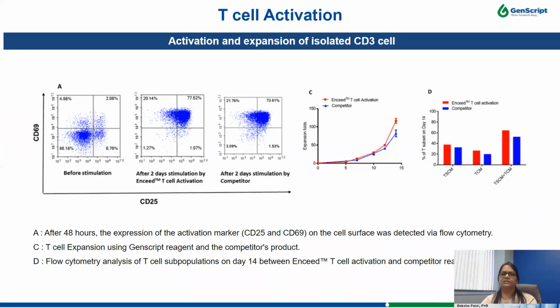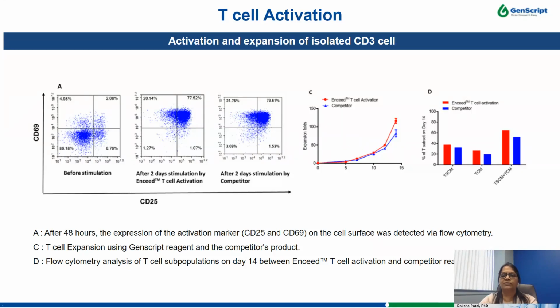In this experiment, the T cell activation uses cytosine CD3 nanobead purified T cells as a starting material. Figure A represents the expression of activation markers, and then figure B represents the higher fold expansion observed.